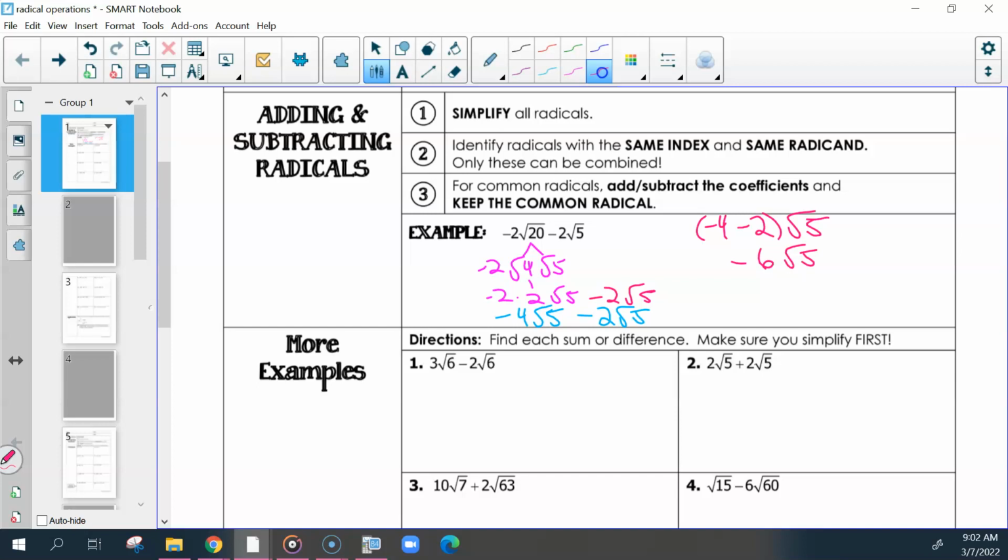Any questions on that? In your calculator, put this in, and then put this in, and see if the decimals match.